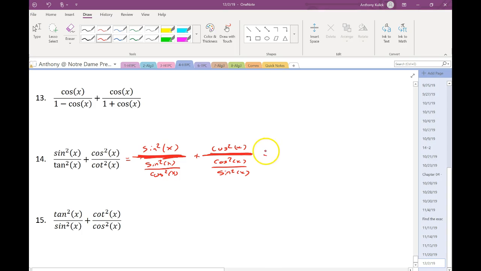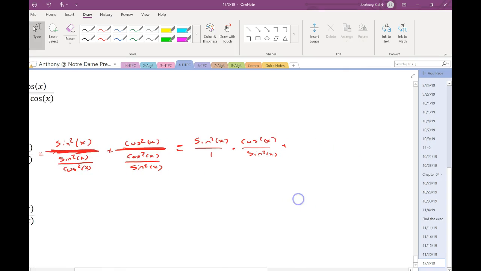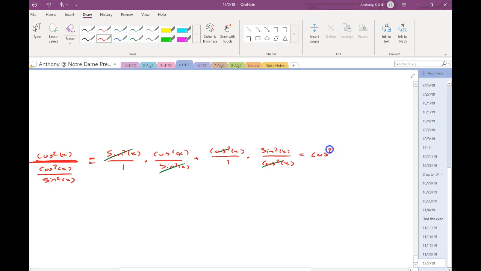So I have two fractions that are being divided. To divide fractions, we multiply by the reciprocal. So I have the numerator times the reciprocal of the denominator. And then the same thing for the other fraction. You go to that. And just get one.